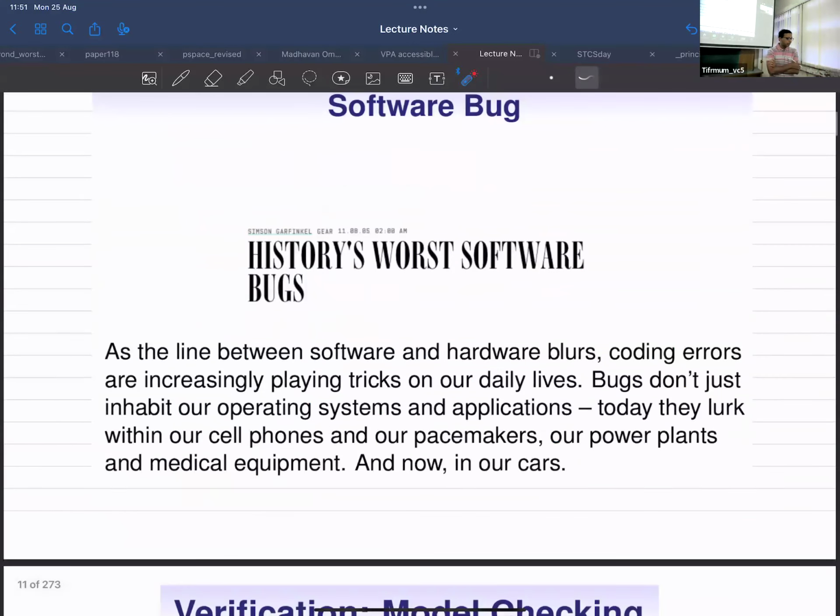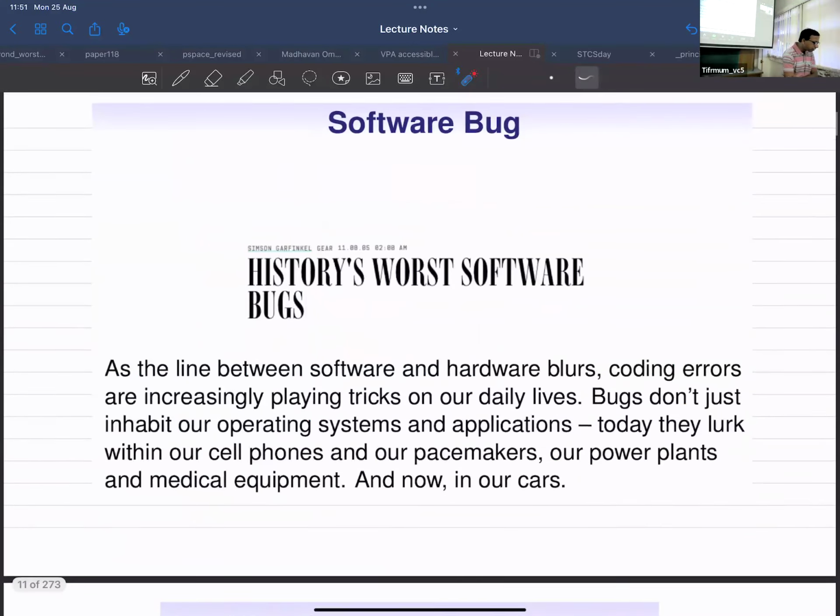Okay, and this is also something I found very interesting. It says that as the lines between software and hardware blur... this was a non-technical article about how, at some point, Toyota had some bugs in the ABS of one of its cars, and they had to recall all the cars.